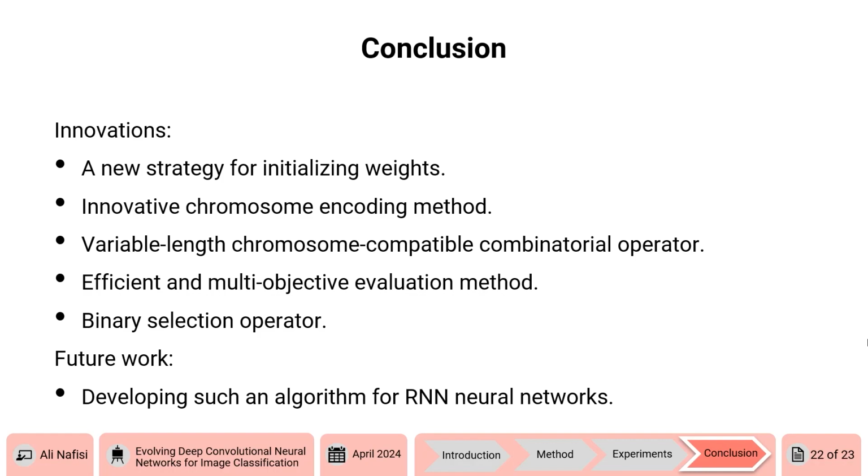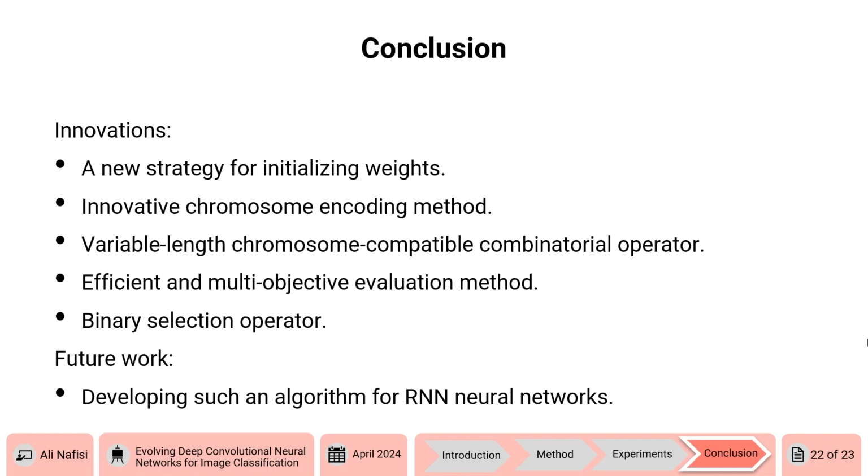And also their binary selection operator was something valuable. And in their conclusion, they mentioned that the future work of their paper can be developing such an algorithm on RNN neural networks.